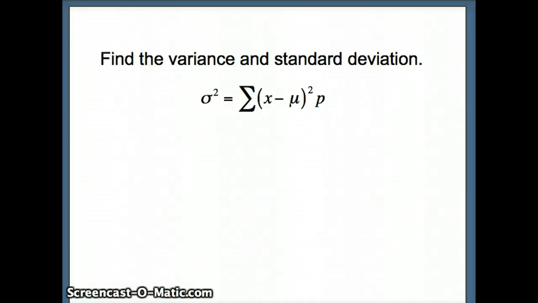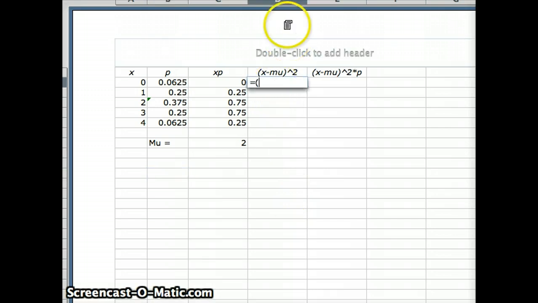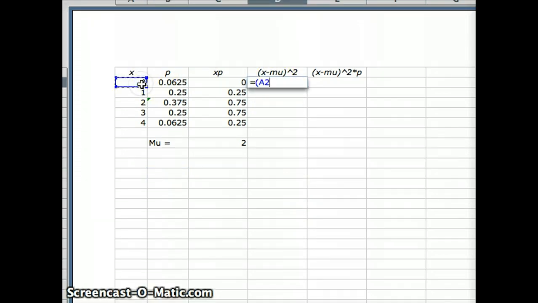Now our next question is to find the variance and the standard deviation. So we need the sum of (x minus mu) squared times p to get the variance. So back to Excel. Equals x minus mu, which is 2, squared. Of course, 0 minus 2 squared is 4. And we're going to work those as follows.